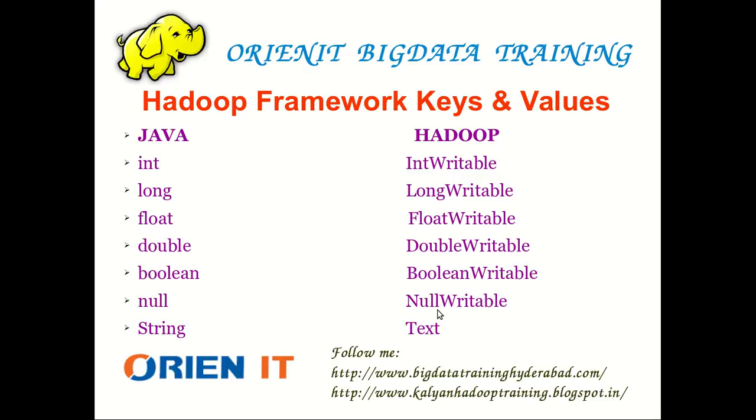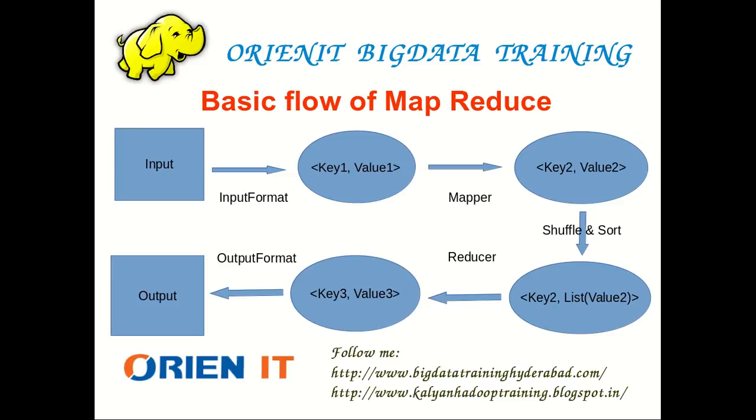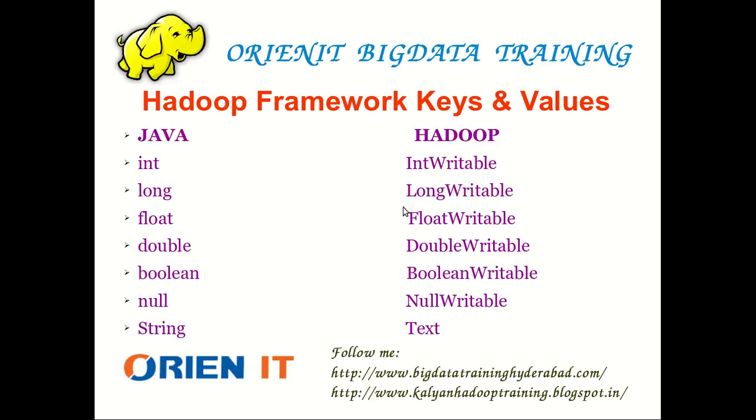Going back one step, we need to make sure what my input file is, what my input format is, what my K1 V1 keys and values are, what my mapper is and what key and value it generates, what my shuffle and sort is, what my reducer is, what my K3 V3 data types are, and what my output format is.